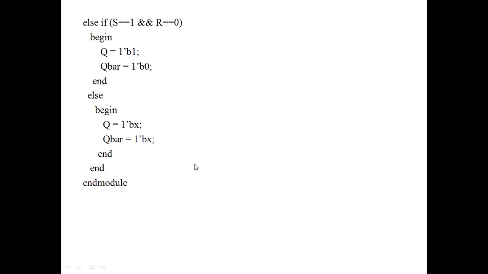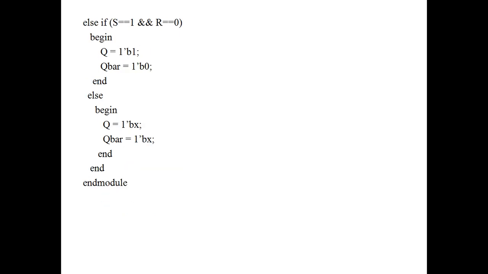When S is equal to 0 and R is equal to 1, the flip-flop is in reset state. That is, Q is equal to 0, Q bar is equal to 1. When S is equal to 1 and R is equal to 0, then the flip-flop is in set state. That is, Q is equal to 1, Q bar is equal to 0.